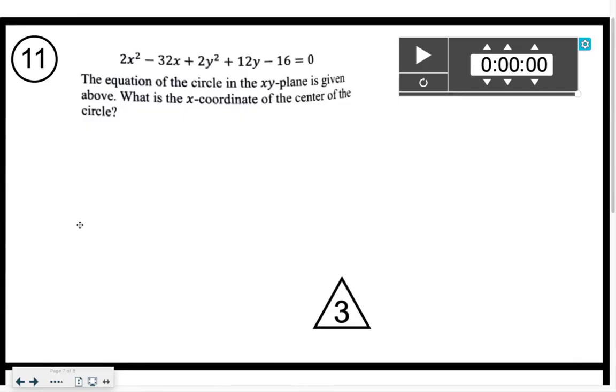The non-Desmos way to do a problem like this is to use completing the square. If you do it appropriately, you could figure out the answer pretty quickly, so I might as well go over that way as well. But let's just do the Desmos way.